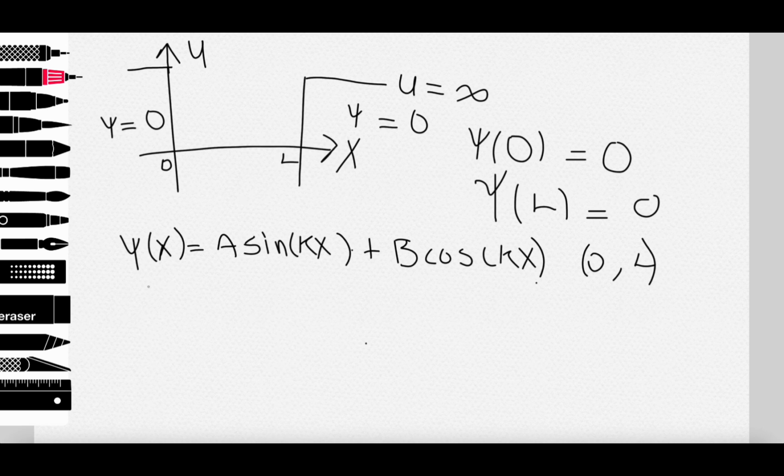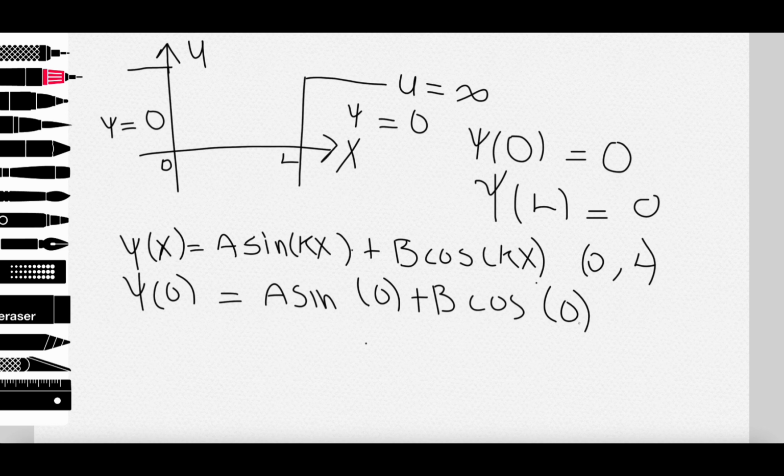Okay, let's move on. So first thing we should do is plug in 0. So then we get this. So sine of 0 is just equal to 0, and cosine of 0 is equal to 1. So we have this. We got b.